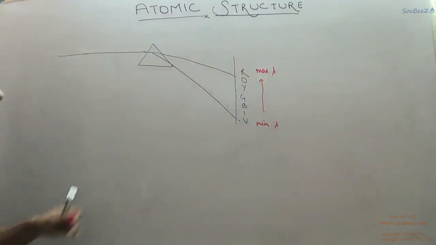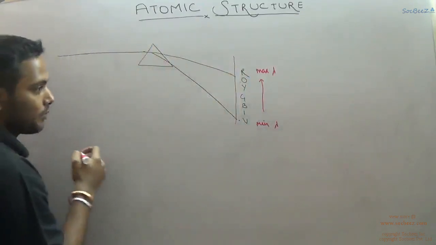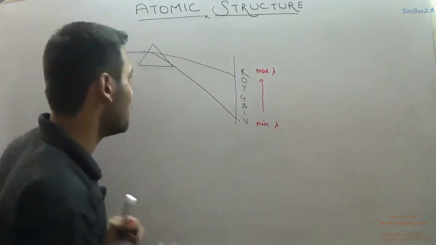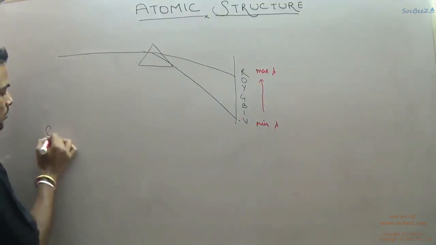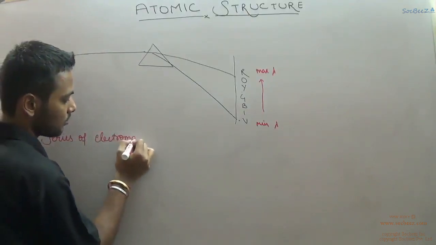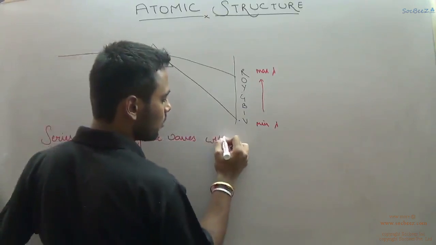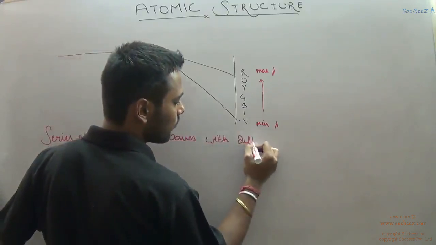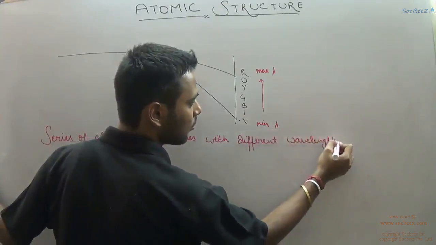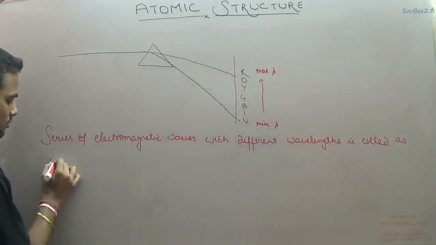This band of different colors is called a spectrum, or by definition, a series of electromagnetic waves with different wavelengths is called a spectrum.